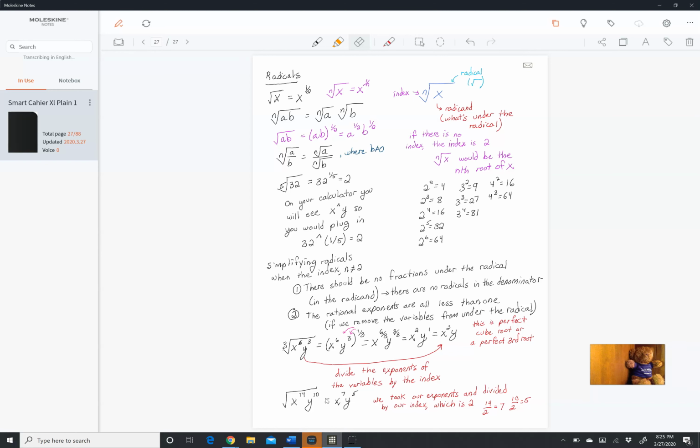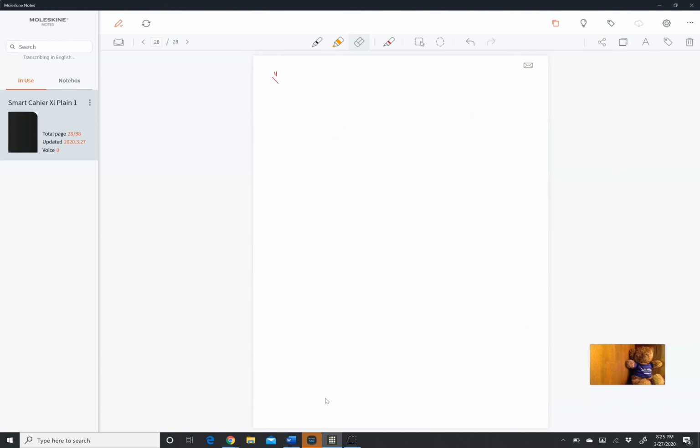So let's say that we had the 4th root of 16 x to the 28th, y to the 20th, and let's do z to the 16th.